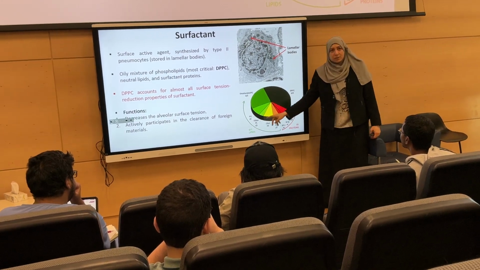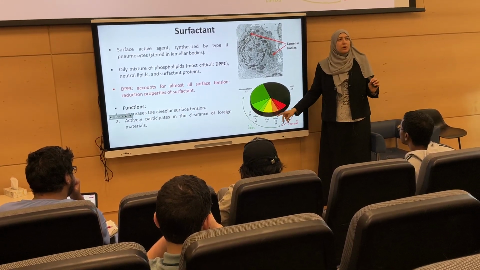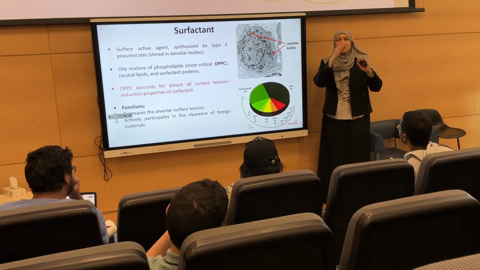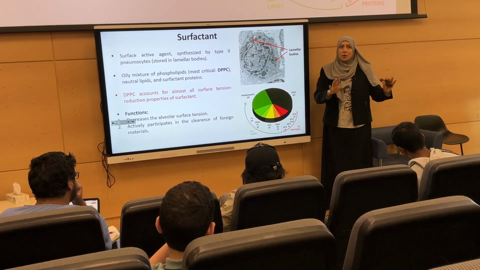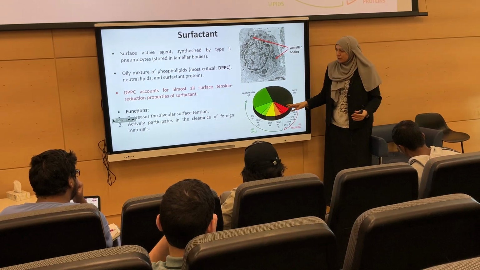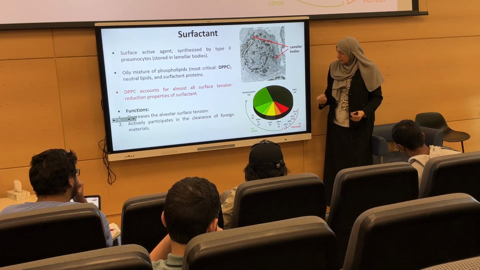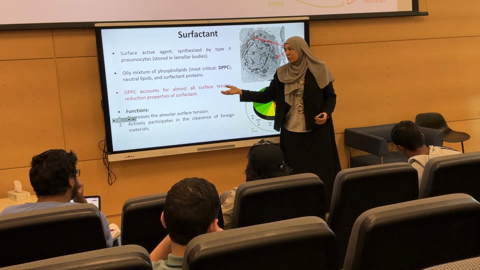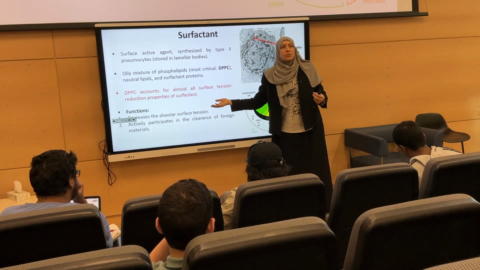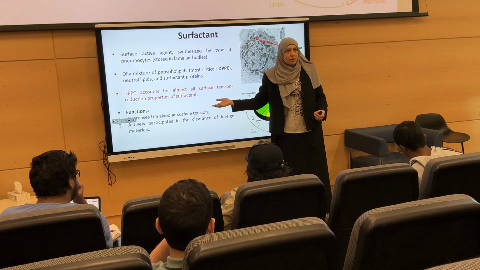We have a lot of proteins which are very important. Why? Because these proteins arrange the surfactant on the surface of the alveoli. This is not important for us now, but it's mentioned here. Okay, so this is very important, and this is the main agent which is responsible for what? For reduction of the surface tension.